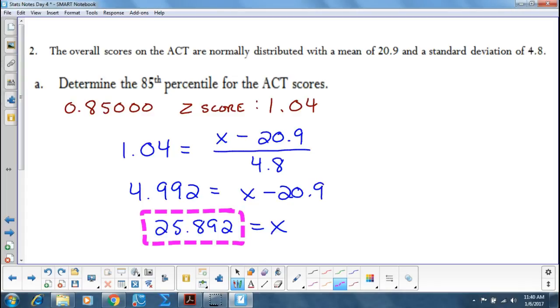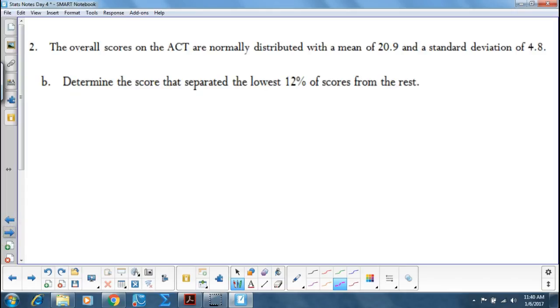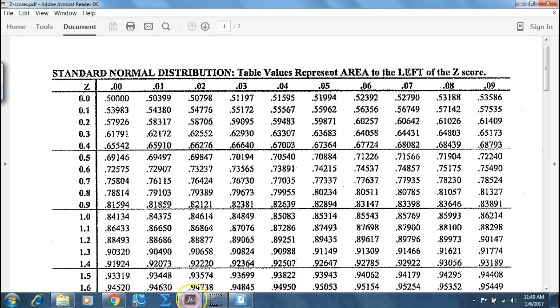Okay. All right. Part B says, determine the score that separates the lowest 12%. Lowest 12% is 0.12 and below. So that's a straight up 0.12 on my chart.